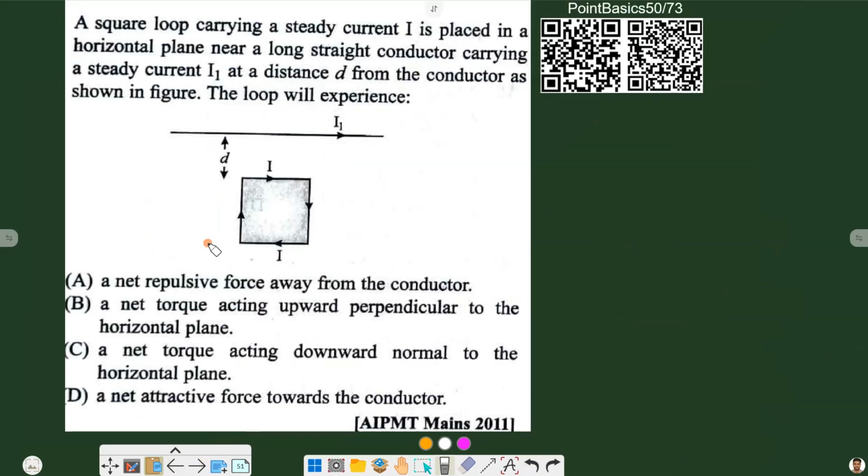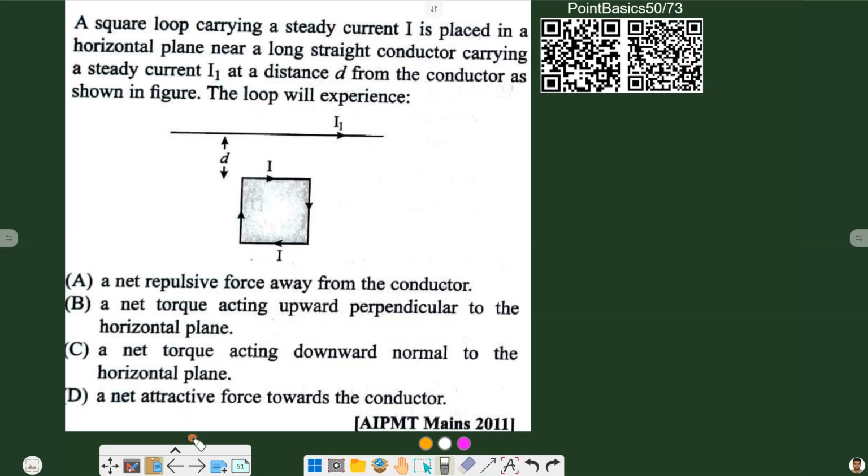Here, this is similar to the previous one because the diagram is the same. A square loop carrying a steady current I is placed in a horizontal plane near a long straight conductor carrying a steady current I1 at a distance d from the conductor, as shown in the figure. The loop will experience what?